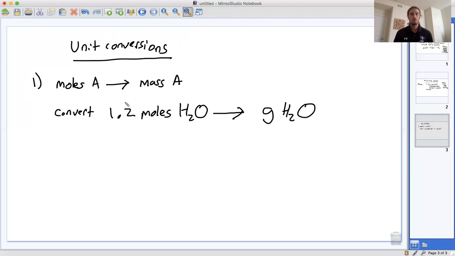What we're going to do here is use the molar mass. Whenever you're converting between moles and mass, you use the molar mass.